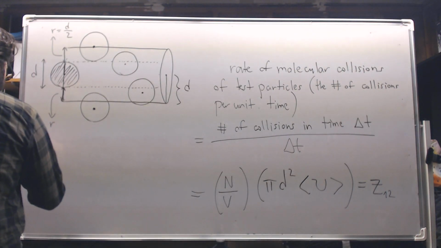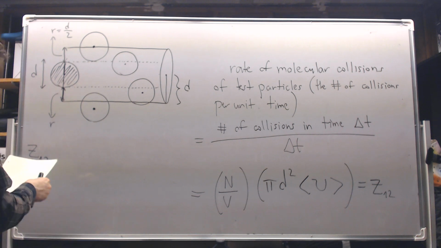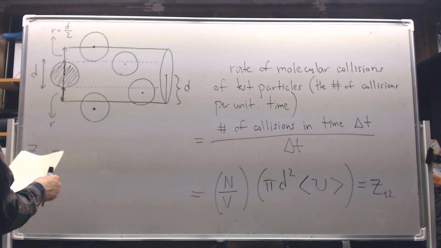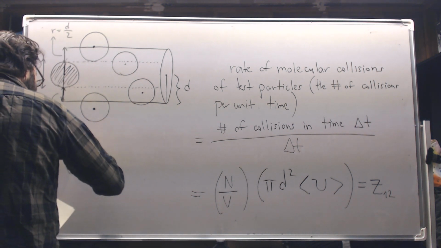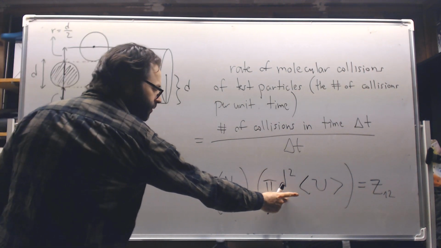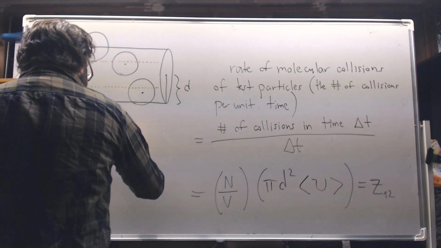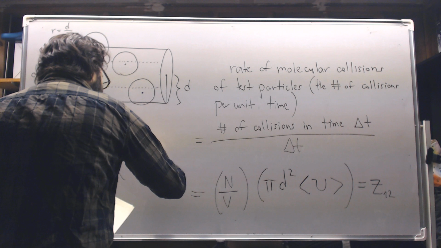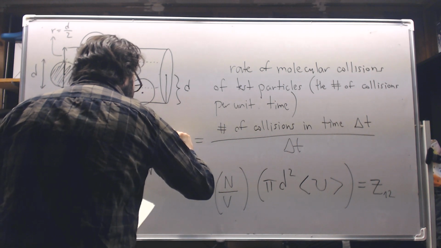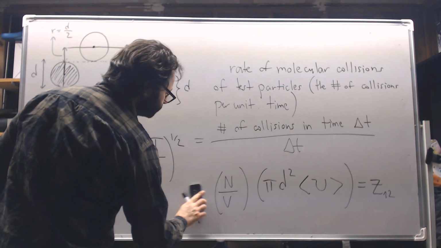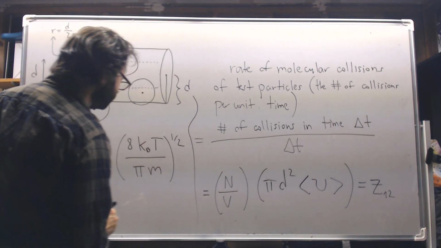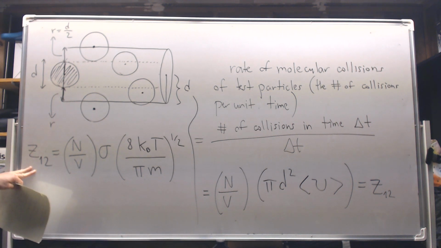And so the single molecule collision rate, if you write down what the average speed is in terms of temperature and mass, looks like N over V, the collision cross-section sigma, which is pi d squared, times 8 kBT over pi m to the 1/2 power. So that's the single particle collision rate.